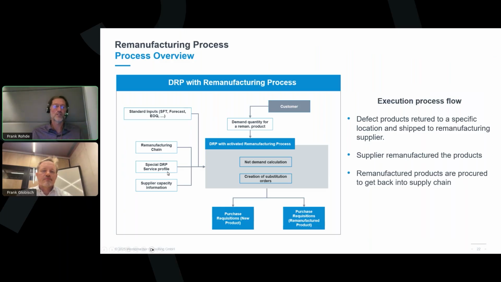We have a certain DRP profile that tells the system, please consider the remanufacturing chain, and we have supplier capacity information in the system.